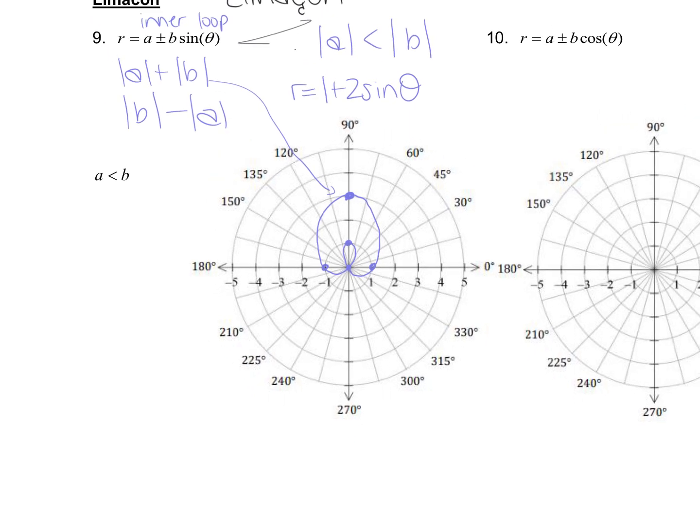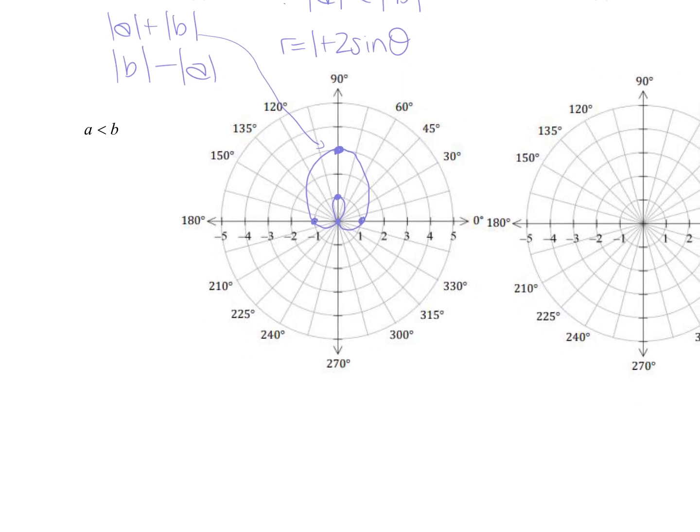An alternate version of this would be r equals 1 minus 2 sine theta. What's the only difference I made on that one? It's got a negative b on that second term, which means it's the exact same shape but centered on the negative y-axis.